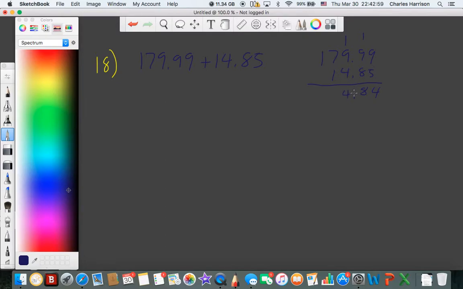Then we put the decimal here too, and carry the 1 again. This is 9, and this is 1. So the final price is, that doesn't look right, does it? The final price is $194.84. That's what you pay for the TV in total.